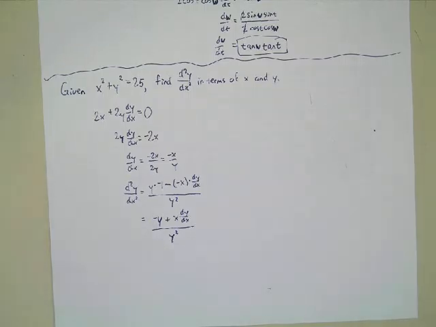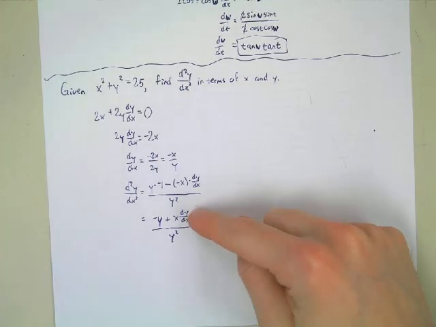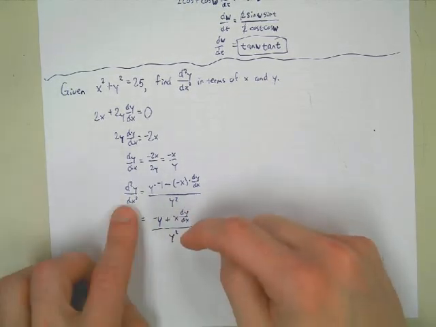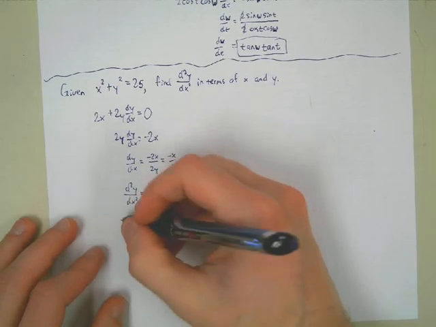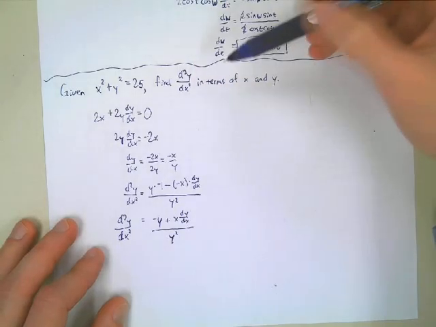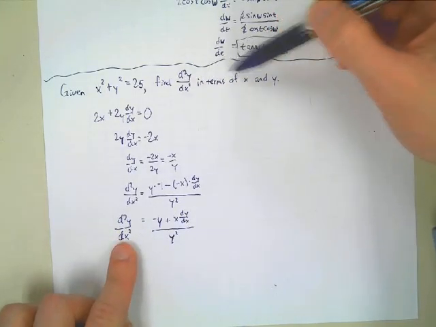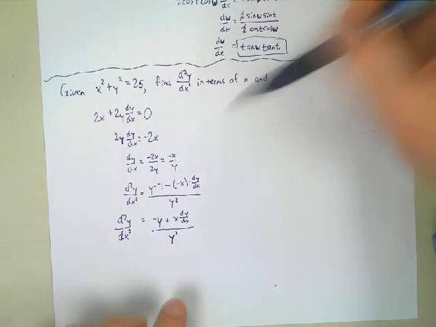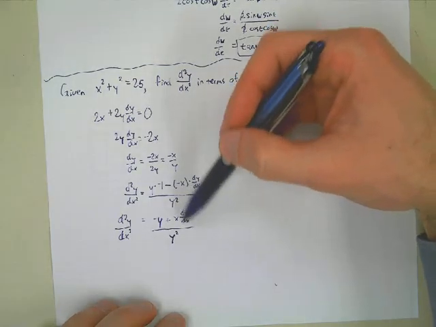We have a derivative. So this is not quite finished yet because we have the second derivative. We could say, okay, there is a second derivative, we've taken it. But we haven't finished answering the question because the question says we want the second derivative in terms of x and y, and it does not say we can have it in terms of the first derivative. So what the heck are we supposed to do with this?